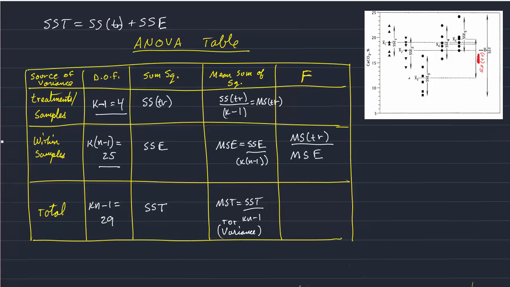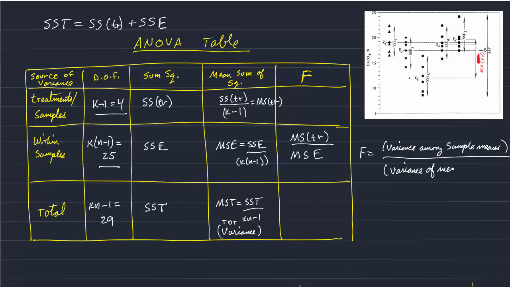So F describes the ratio of the variance among sample means over the variance of measurements within the samples.